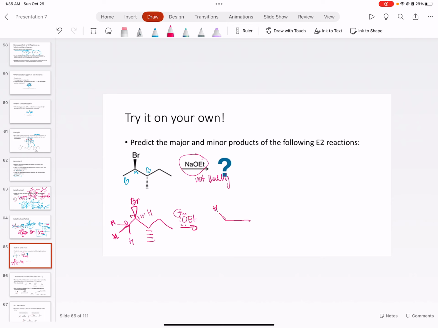We have my hydrogen, hydrogen, hydrogen. Have this one on a wedge, this one on a dash. So this one's just a regular bond. And remember, I want my regular group and then my leaving group and my hydrogen to be on regular bonds.